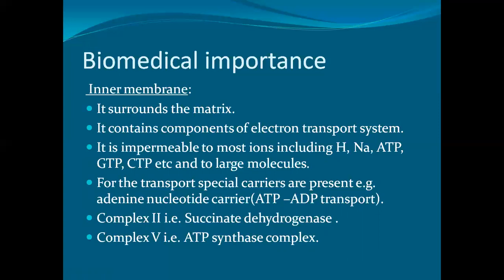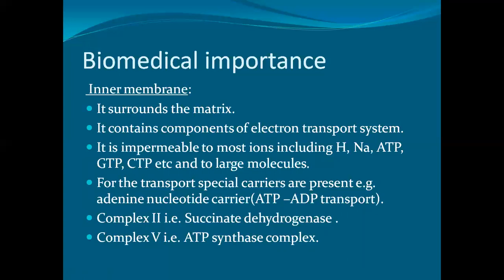As I told you before, the inner membrane surrounds the matrix. It contains components of the electron transport system. It is impermeable to most ions, including hydrogen, sodium, ATP, GTP, CTP, and to large molecules. Impermeable means they do not allow the ions to come inside.